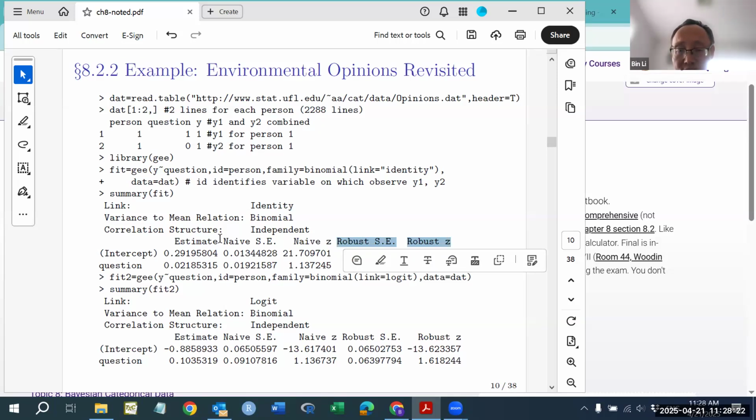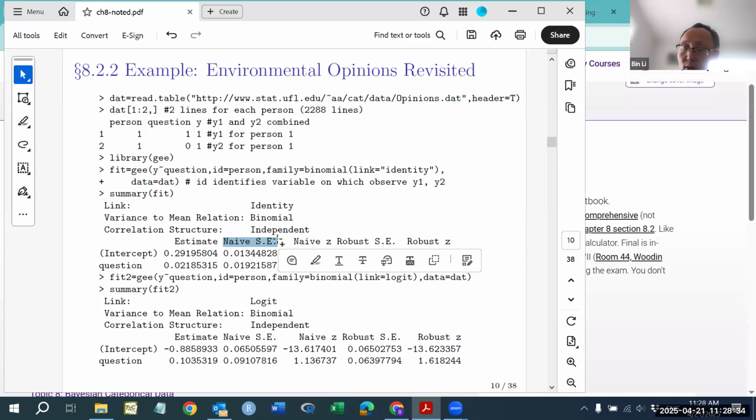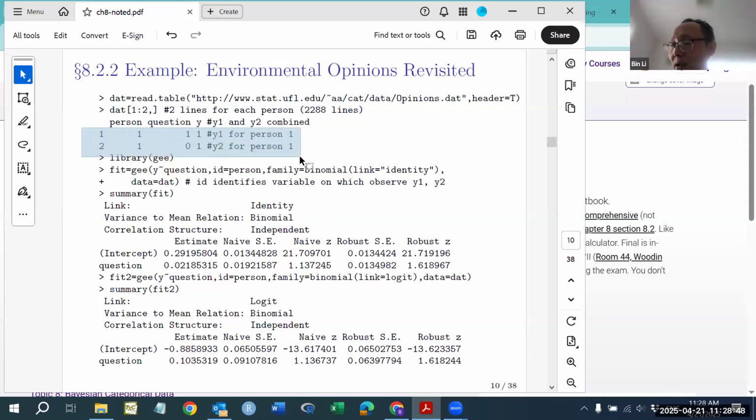Okay, so what's the difference? The estimate is the same, but it has 2 standard errors. Naive standard error means that it assumes the two rows, like the person's answers, are independent. But robust assumes they are dependent, they are from the same person.